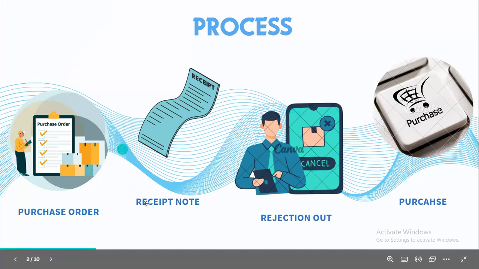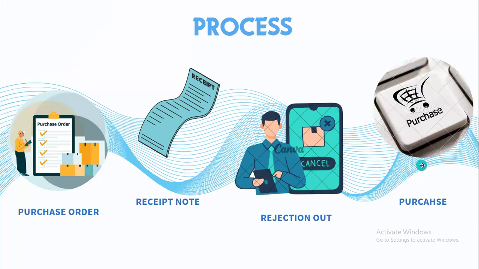Finally, the goods entered in receipt note shall be entered in purchase, meaning we finally purchased such goods which we had ordered from the supplier. After purchasing, if any returns take place, then we enter them in purchase returns.